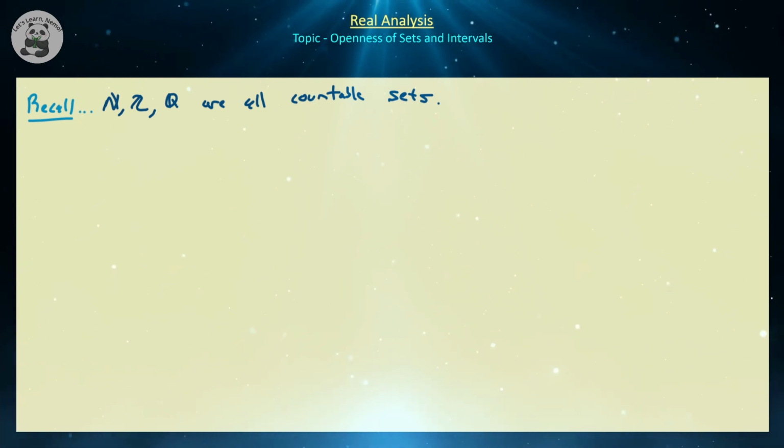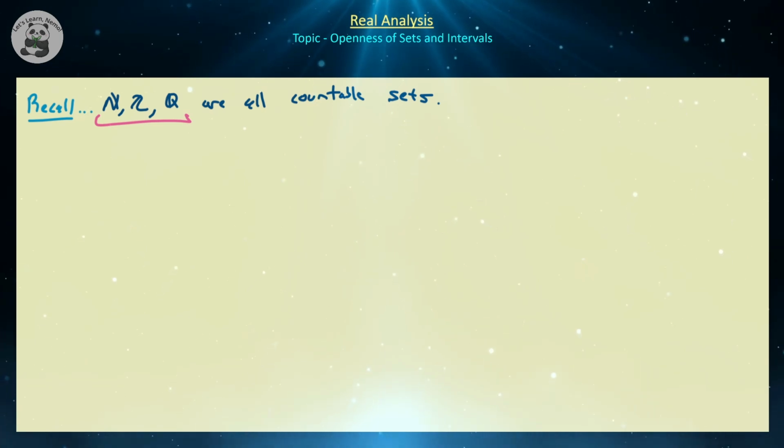Up to this point, we've already proven that N, Z, and Q are all countable sets. In particular, they all have bijections to the natural numbers, so at least from that perspective, you can say they have the same exact infinite cardinality, in particular aleph-one or aleph-null. So now I want to answer the question from before: does R also have a cardinality equal to N, Z, and Q, implying that R is also a countable set as well?